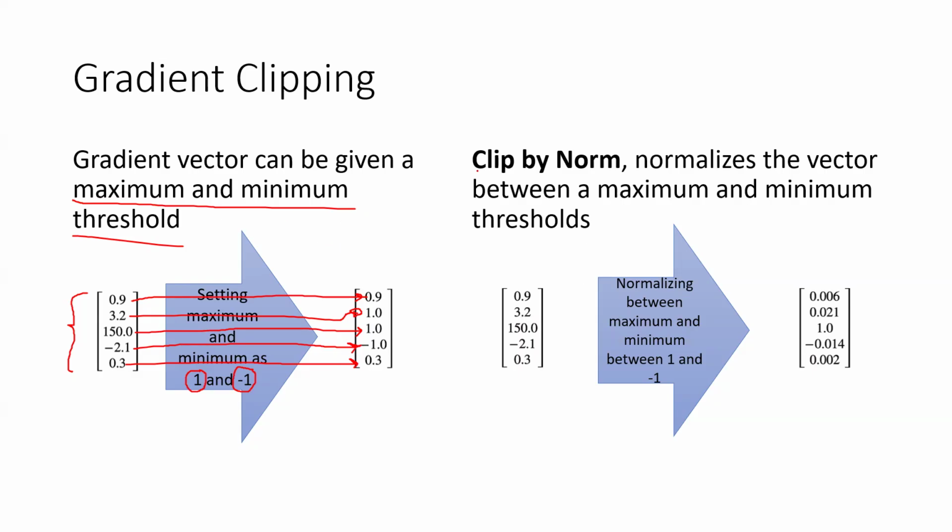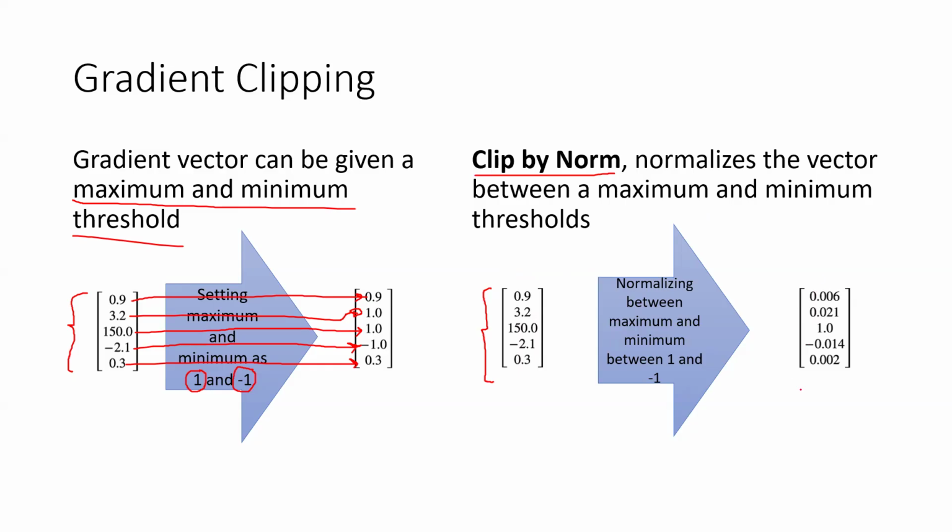The other technique is clip by norm, right? In that case, you are normalizing the gradient vector and have the maximum and minimum thresholds. Suppose this is the same input gradient vector, and we are normalizing between plus 1 and minus 1.